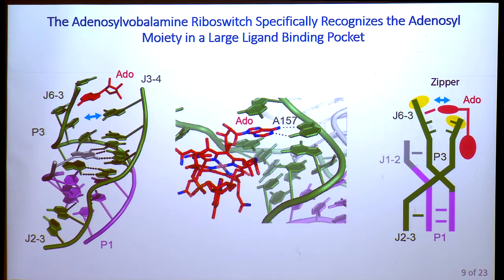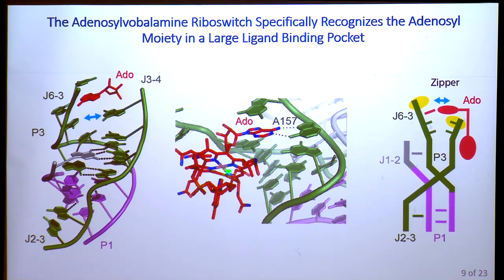And one of the interesting points about this riboswitch is that while the whole ligand is pretty big, there's an adenosyl moiety that makes non-canonical Watson-Crick base pairs with an adenosine which is part of the riboswitch RNA.